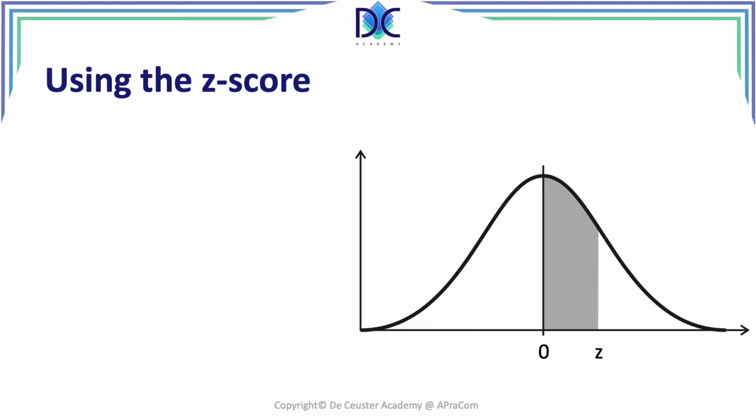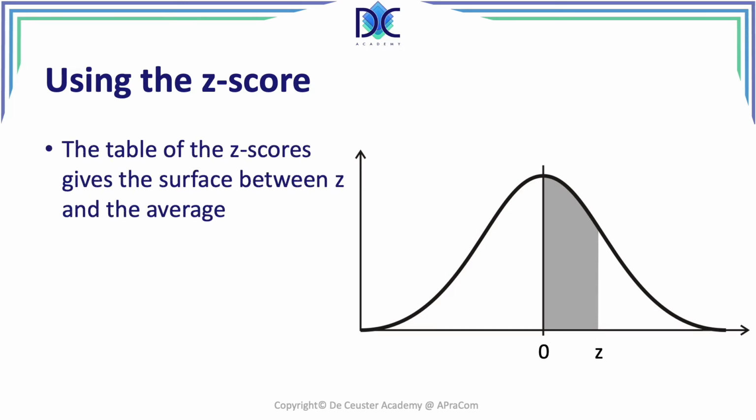Now we have the normal distribution with the average equal to z, 0, and the z, for example, the element here. What we find in the table of the z-scores are two possibilities. We find the surface between 0 and z. We will recognize that table when the z value is equal to 0, which means we are on the average.